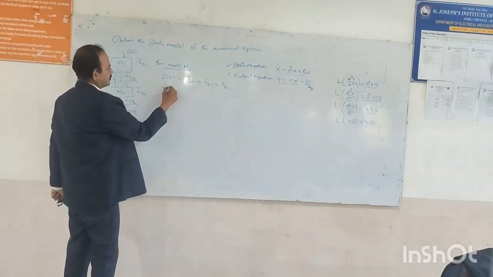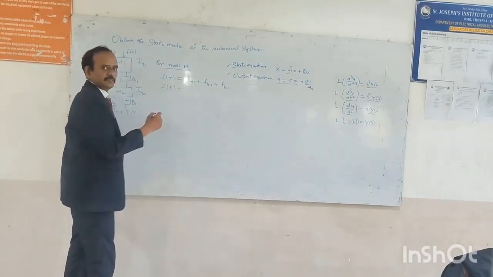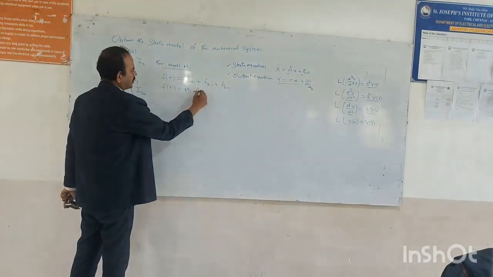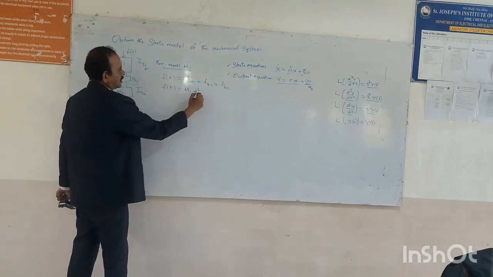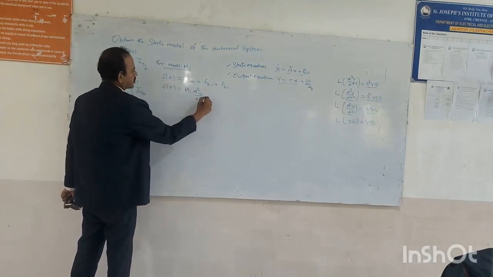So we know F of t equals, for the mass, M1 into d square y1 by dt square, where the corresponding displacement is y1.